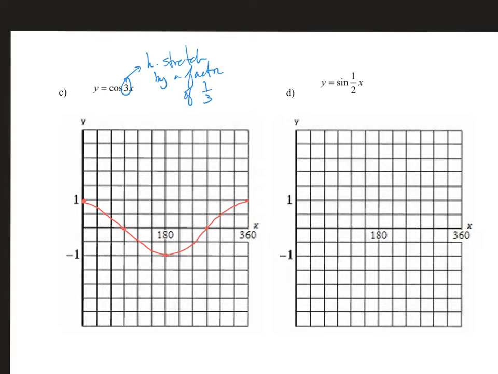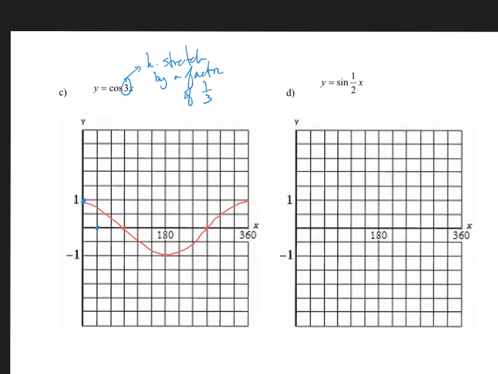So what we'd like to do now, let's go ahead and take every point on that red curve and make it 1/3 the distance from the y-axis. So if I'm on the y-axis, then it doesn't move. This value 0 that used to occur at 90 degrees is now going to occur at 1/3 of that, 30 degrees.